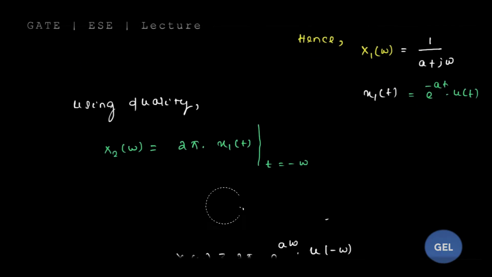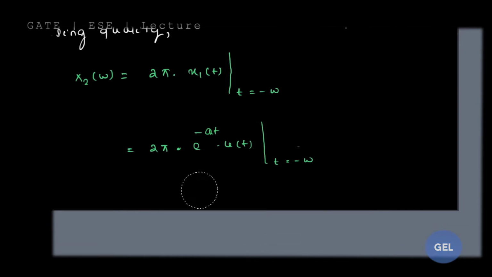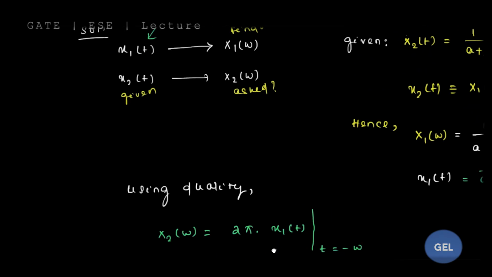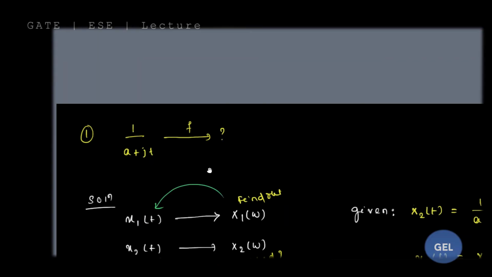So the value will be 2 pi into e to the power minus at u(t), with t replaced by minus omega. That gives 2 pi into e to the power a omega u of minus omega. This is your answer, your x2(omega). This is the Fourier transform of 1 by a plus jt.